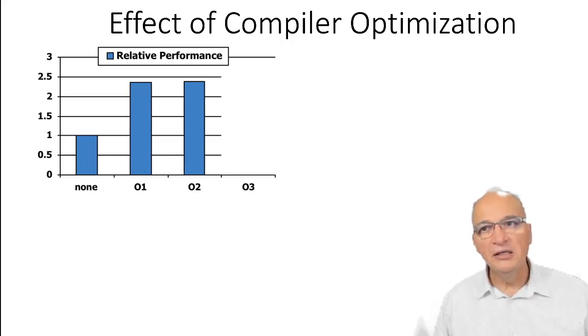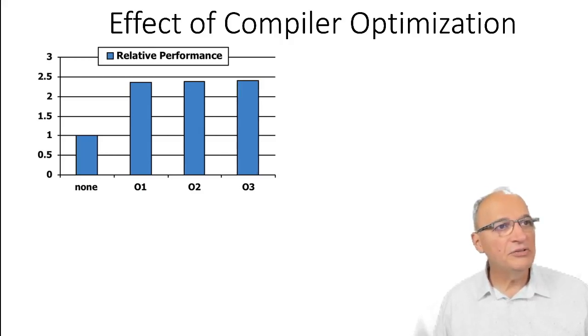If I turn on other levels of optimization in this specific compiler, I do not get much additional performance, and that's expected because this is a very simple algorithm where the more sophisticated optimizations that I have access to with O2 and O3 do not have much additional work to do.